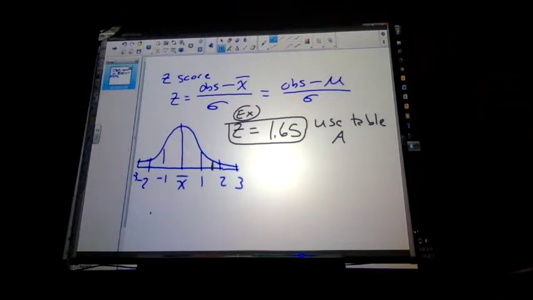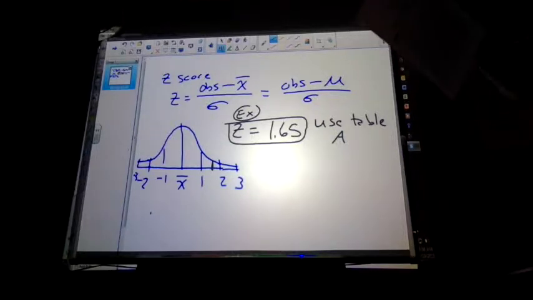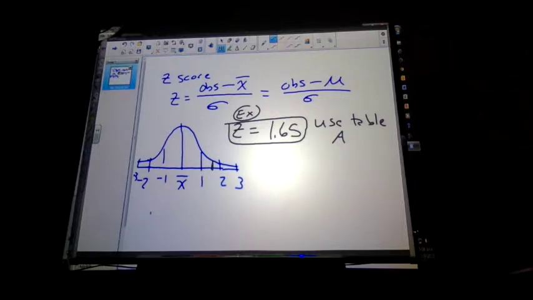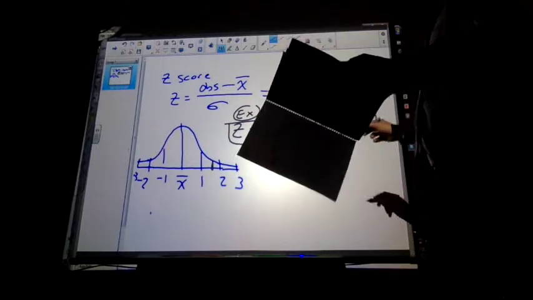So if you use the table in the back of the book, pretty easy to use. You're going to look for 1.6. So you go down the left column on the positive side, find 1.6, and then you move it over and look for the 05, and you find that it goes to 0.9505.